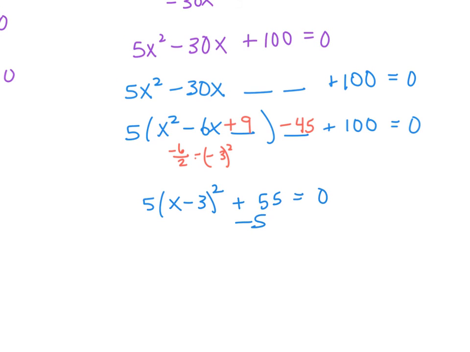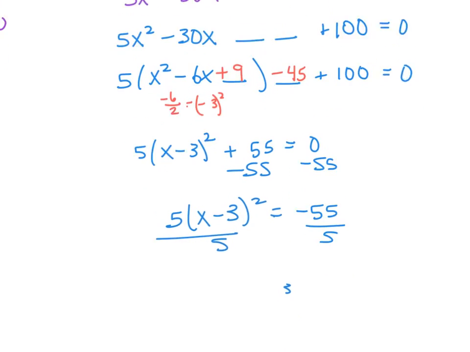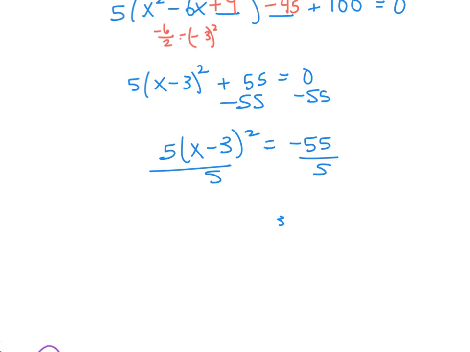All right, we're going to subtract 55 from both sides. So 5 times x minus 3 squared, I hope I gave you guys enough room in your packets for this, equals negative 55. Then we divide by 5. That cancels. x minus 3 squared equals negative 11.